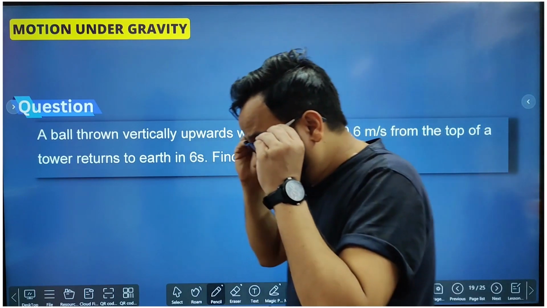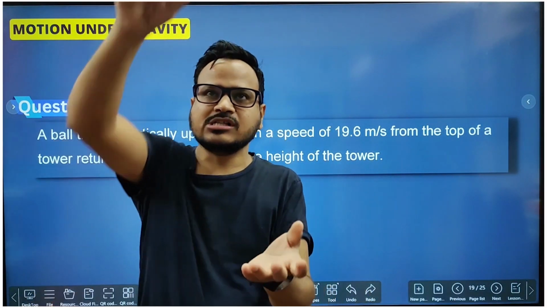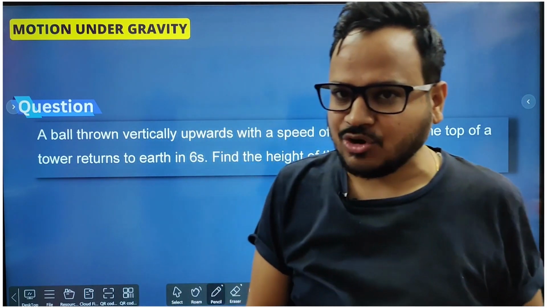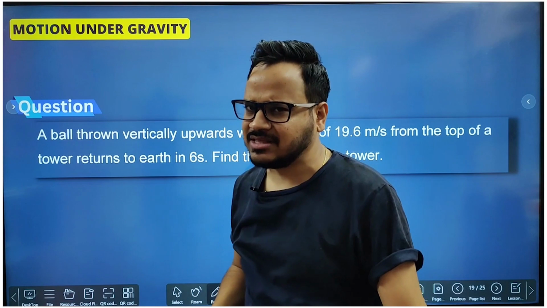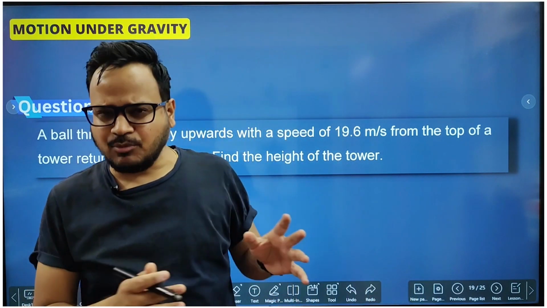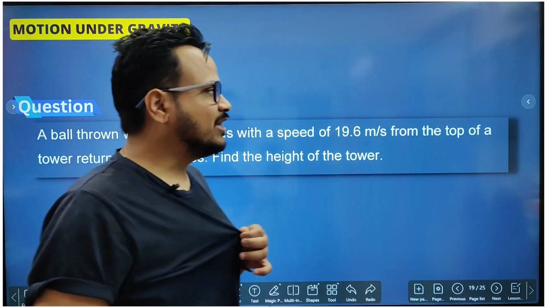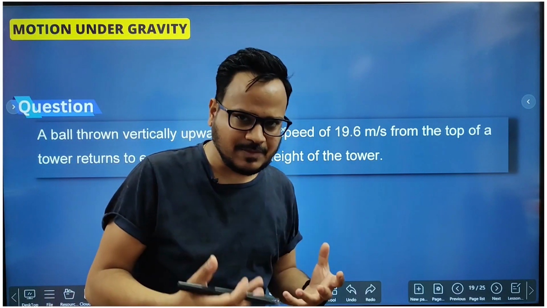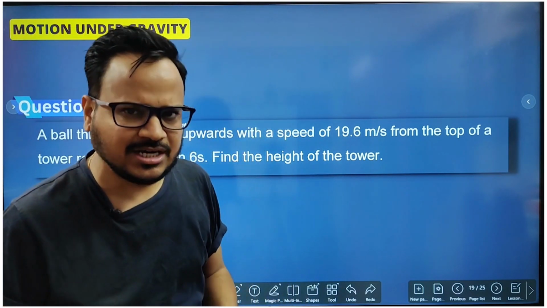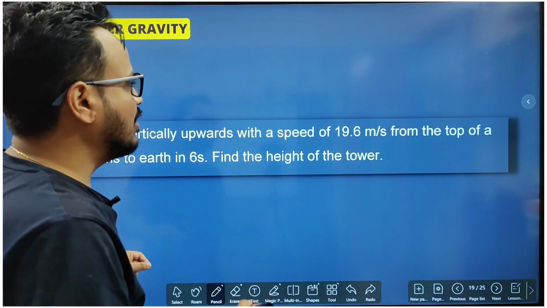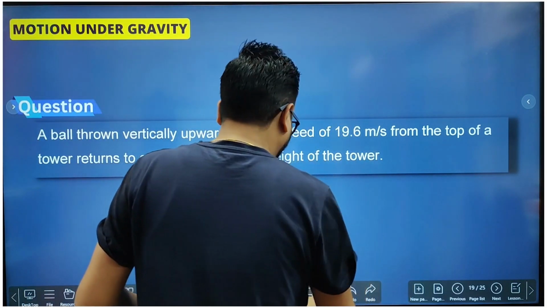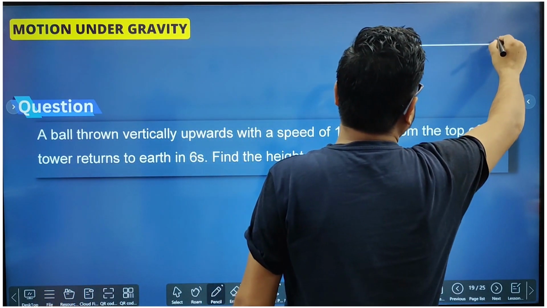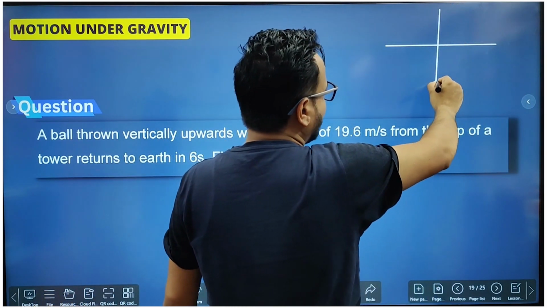Motion under gravity. So students, when a body falls freely, its acceleration is fixed, and that is called acceleration due to gravity, and you all know the value of acceleration due to gravity, which is 9.8 meter per second square. So when the body is falling freely, acceleration is 9.8 meter per second square, which can be taken as 10 to make the calculations easy. But it's all about the sign of g, which confuses students.